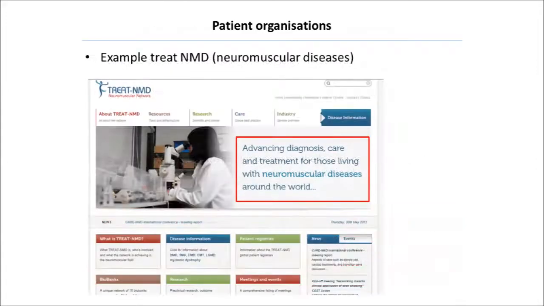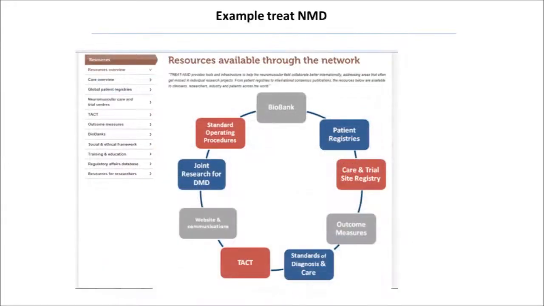So as an example, for other diseases, there's neuromuscular disease. I don't know if any one of you knows this, for example, Duchenne muscular dystrophy, but there are also other diseases, and they all affect the muscle. So in a way, this is a bit like ciliary disease, where we say everything affects the cilium. And they all came together, and they formed one big consortium, which is called Treat Neuromuscular Disease, Treat NMD.